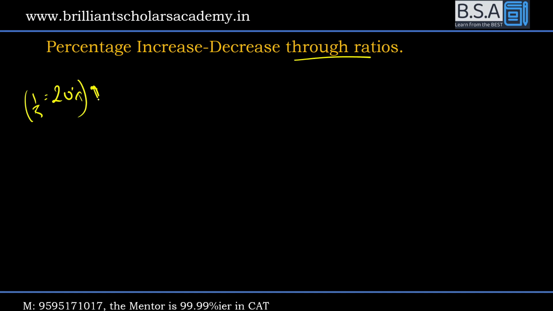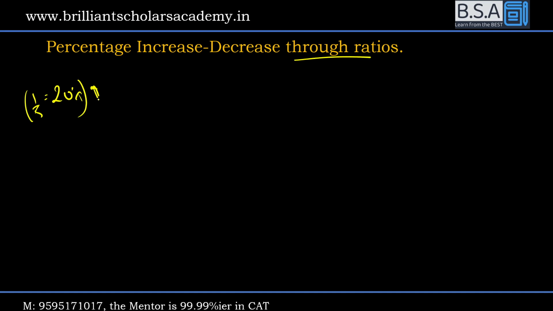If in another example I have, let us say, 12 by 13, how much percentage decrease have I got? So a ratio has been given, you can observe increase decrease, or an increase decrease has been given, you can create a ratio. Both are interchangeable. A ratio has been given to you, 13 by 12, that leads to 1 by 12, 8.33 percentage increase.